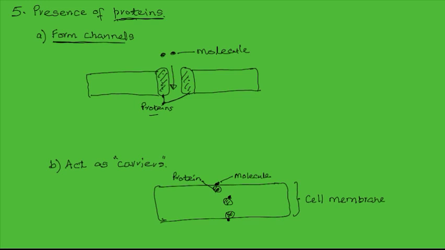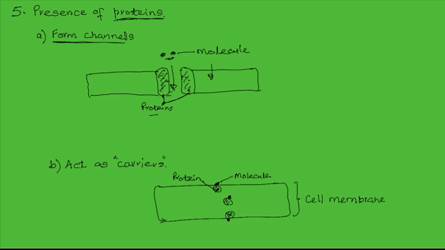Without these channels, these molecules, which in many cases are too large to pass through the normal route across the cell membrane, can only pass through the special channels that are created by the presence of the proteins within the cell membrane.